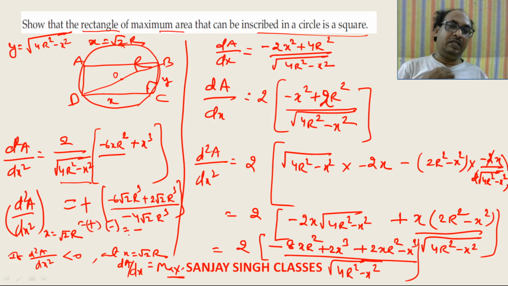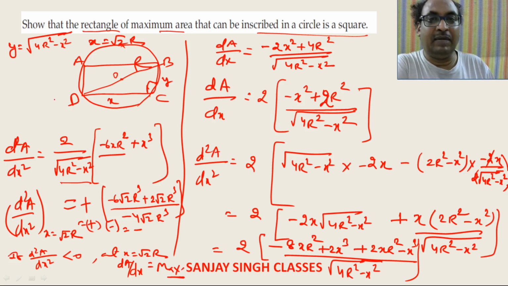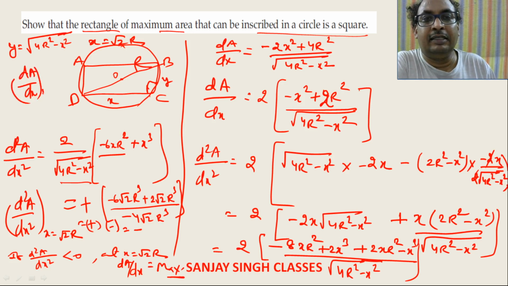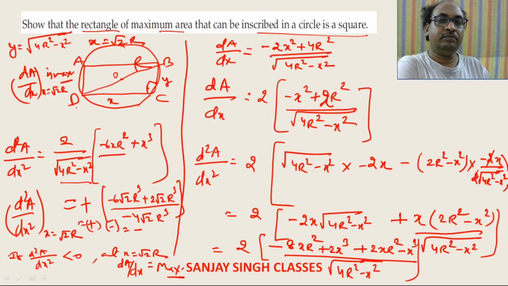So we need not solve anything, just we have to see that when x equal to root 2 r is placed, d square a by dx square is becoming negative. It means the area is maximum at x equal to root 2 r. Now if x equal to root 2 r, then what will be y?